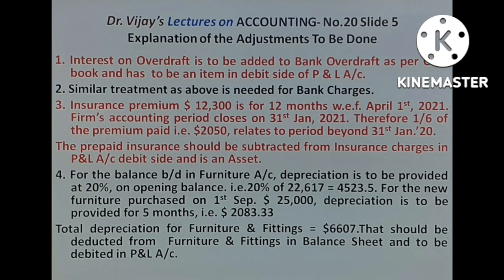For that, depreciation is to be calculated 20% for 1 year, 4523.5. For the furniture purchased on 1st September, we need to calculate depreciation only for 5 months. That will come to 2083.33. The depreciation is to be shown in profit loss account debit side and to be subtracted from furniture in balance sheet asset side.